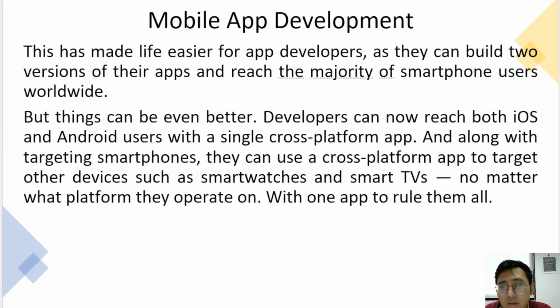Along with that, as a developer we can target smartphones and use it to target other devices as well, such as smartwatches, smart TVs, and other information technology infrastructure that can be used with this cross-platform method.